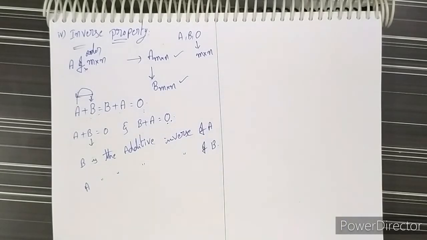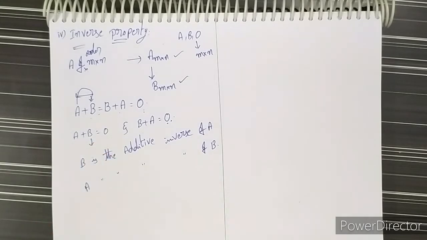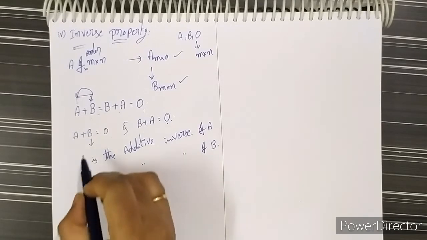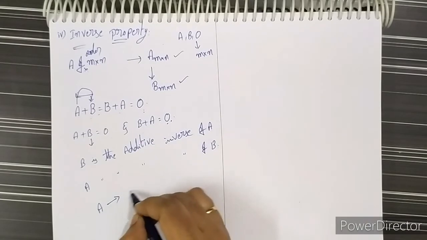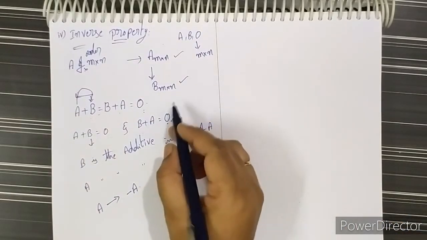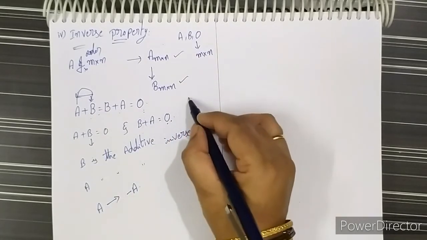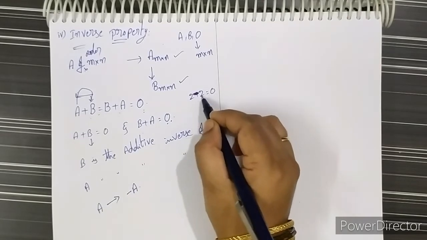Both are true. B is the additive inverse of A, and in the same way A is the additive inverse of B. For convenience, we can say that the additive inverse of A is minus A. For example, 2 plus minus 2 equal to 0.